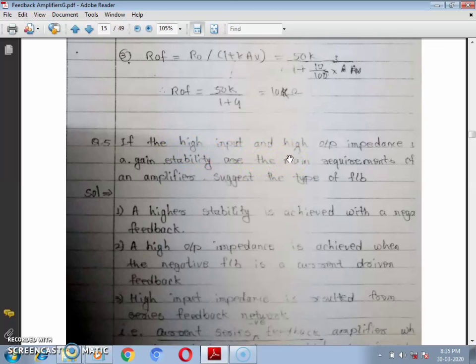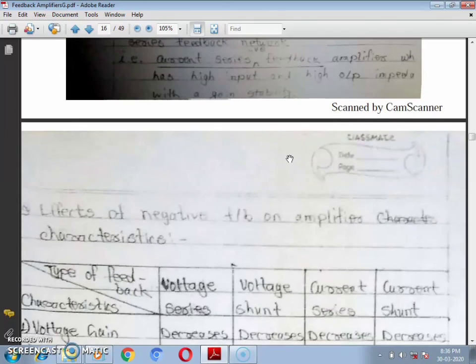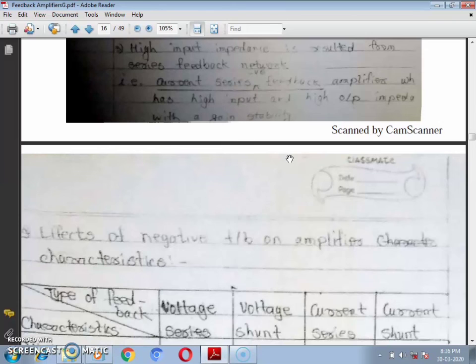Higher stability is achieved by negative feedback, so definitely negative feedback. From this, which type of feedback do we need to use: voltage series, voltage shunt, current series, current shunt, or a combination? The high output impedance is achieved by negative feedback with a current sample, and the high input impedance results from series feedback. So finally, current series feedback is the possible answer.